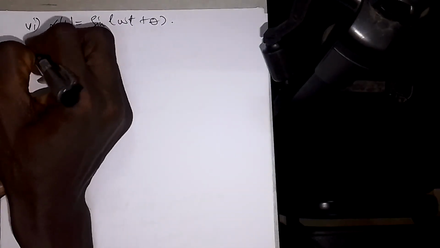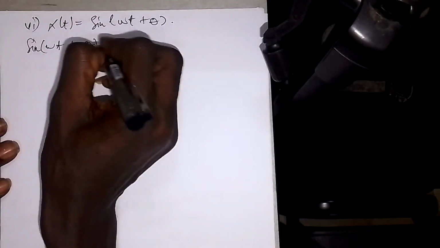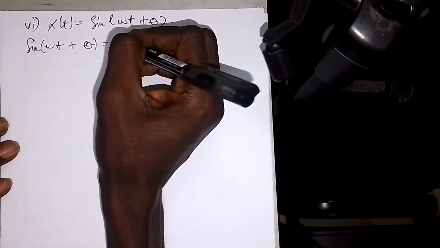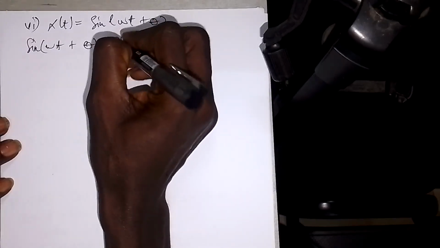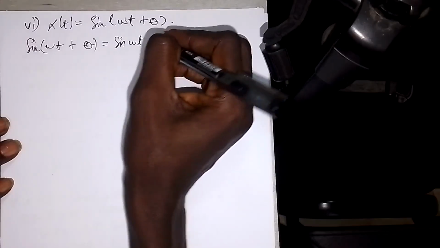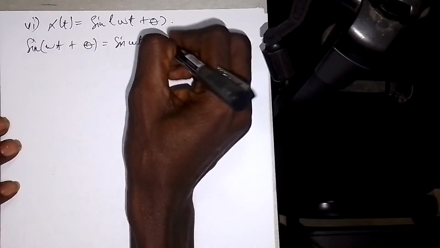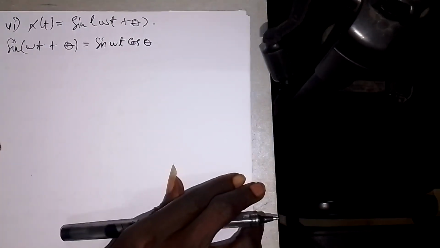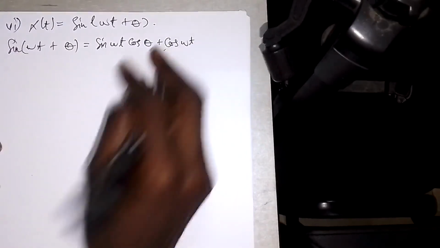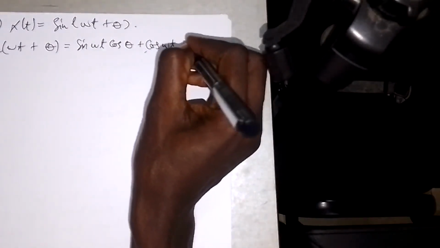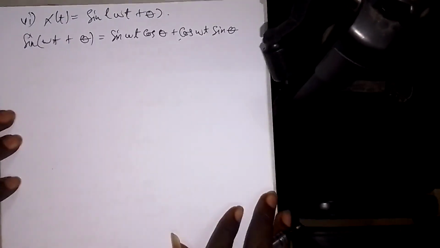Whenever we have sine of omega t plus theta, we are expected to get sine omega t cos theta plus cos omega t sine theta. All right, so this is the expansion of it.